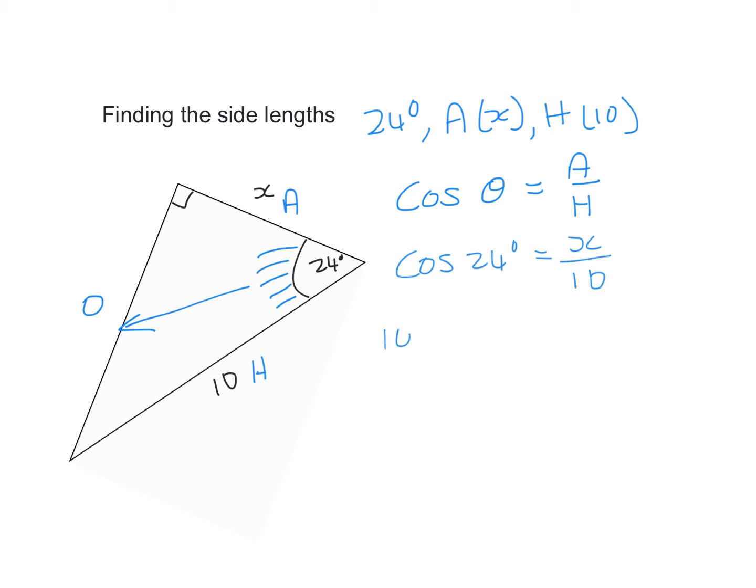So I go 10 cos 24 equals x, and when I punch 10 cos 24 equals into my scientific calculator, I get x to the value of 9.14. Okay, so x value here is going to equal 9.14.